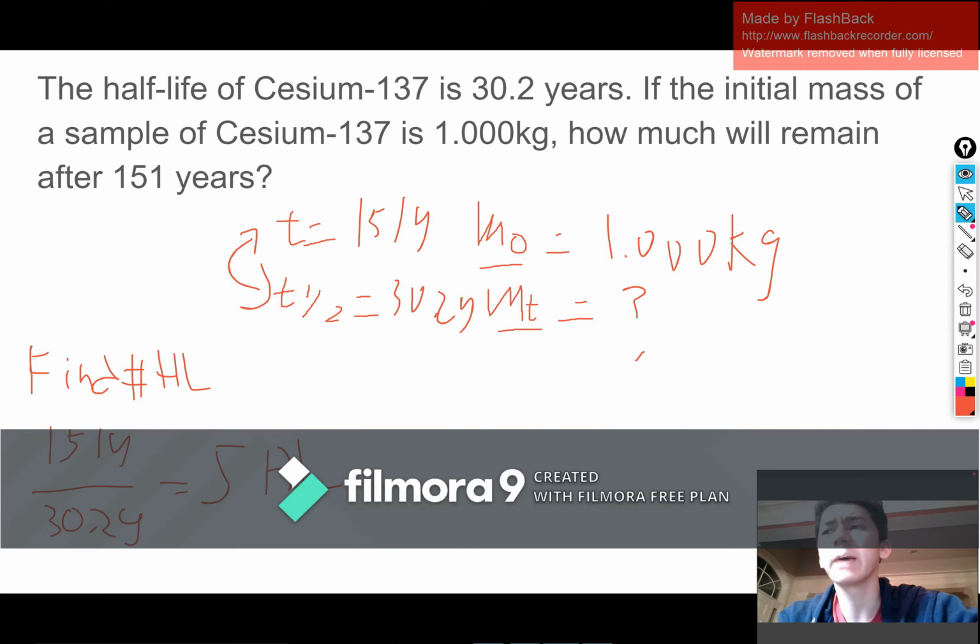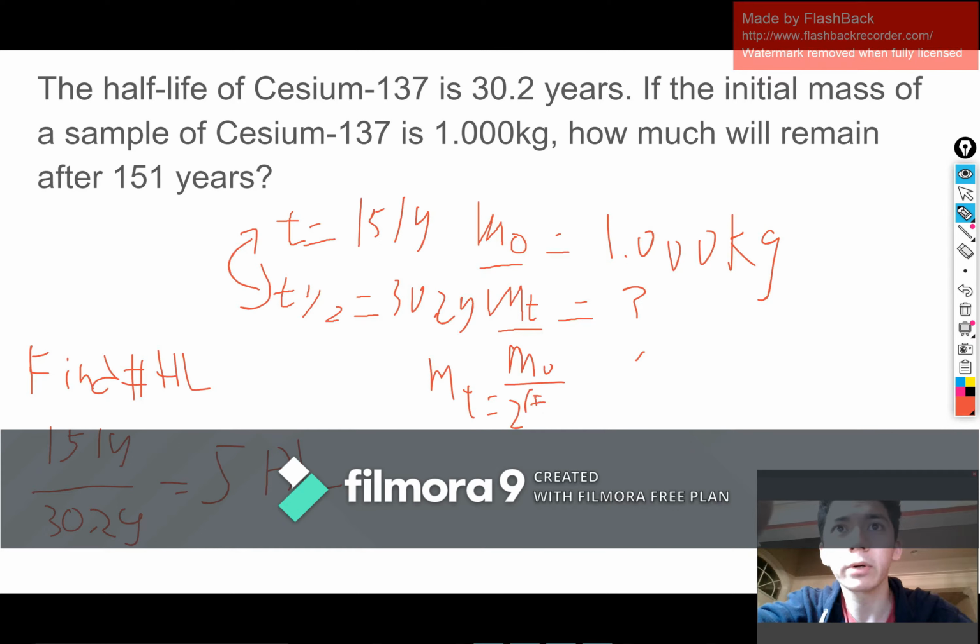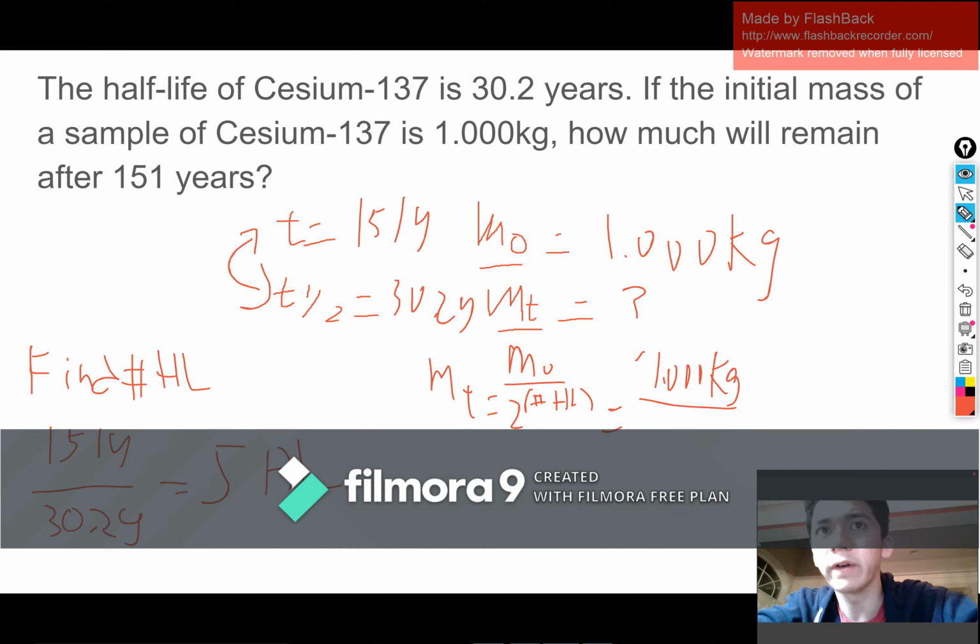The next step is to utilize the equation. The equation looks like this: M_t equals our initial mass divided by 2, and in the exponent we have the number of half-lives. Now we simply plug in our variables. For initial mass, we have 1.00 kilograms divided by 2 to the 5th, since we got 5 half-lives.